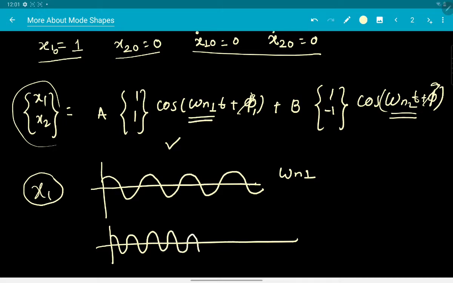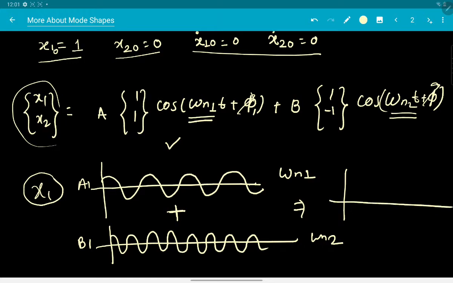Omega n2 is larger than omega n1. And it has certain multipliers associated with it, and then you superpose these two and you see the final solution of x1, which can be very different. So I am drawing a generic form.